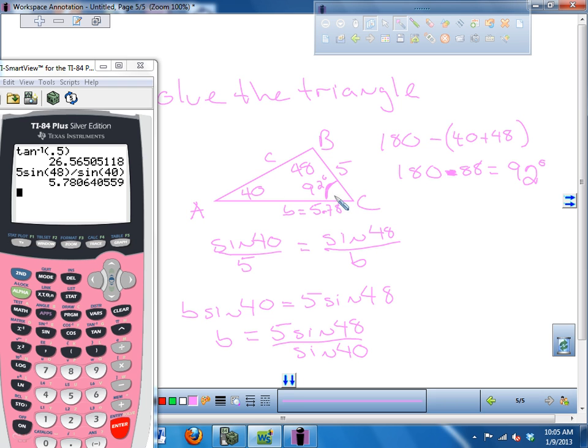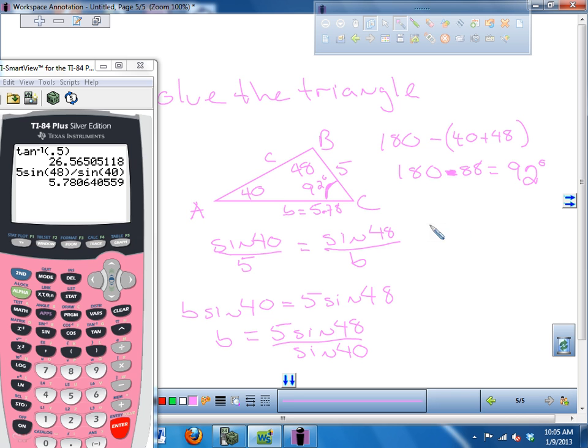Okay, so now that I know this, I want to still find C. You cannot use the Pythagorean theorem because it's not a right triangle. If you knew law of cosines, you could use it to find C, but you might as well just use law of sines again.